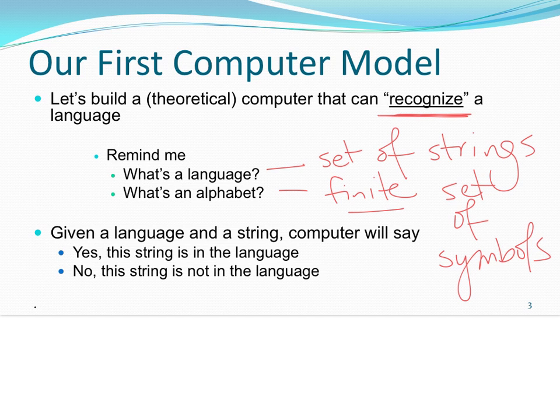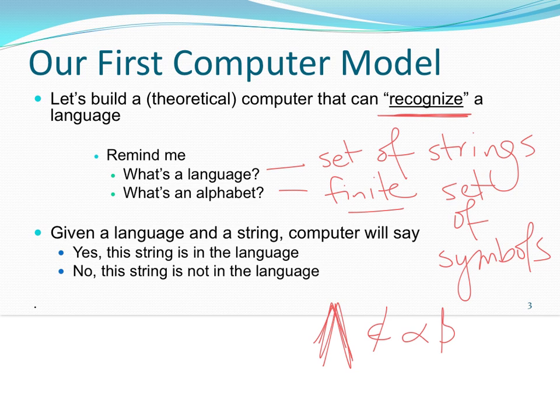And we've also said that lambda is never an element of our alphabet. Lambda is a special symbol, but it represents the empty string, and we're just going to treat it as a string rather than a symbol.